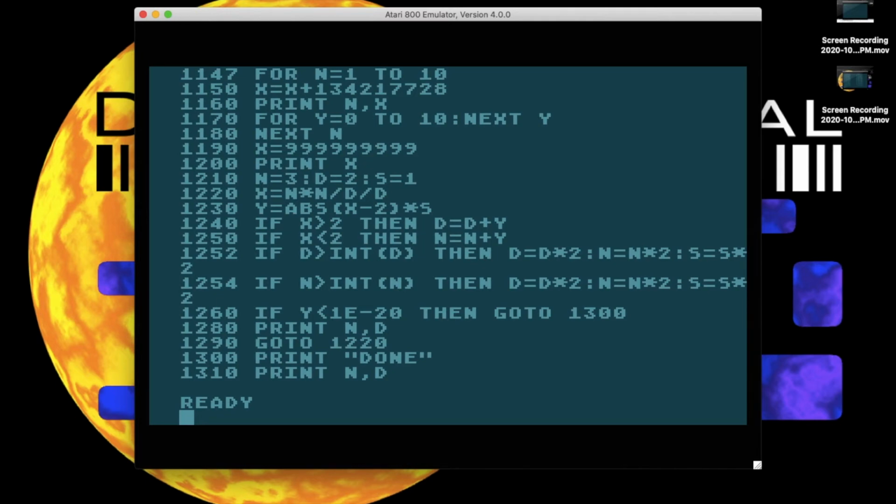So that's going to replace this guy, and if n is greater than 9, 1, 2, 3, 4, 5, 6, 7, 8, then go to 1300, and on the next line down, see if the denominator has done that. So let's list.